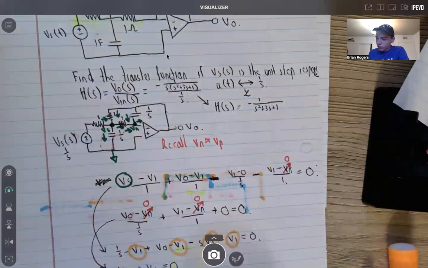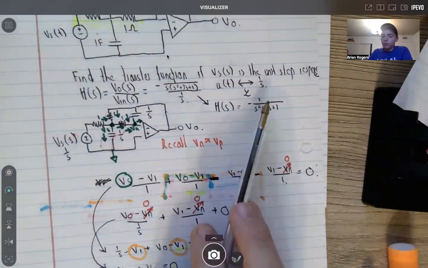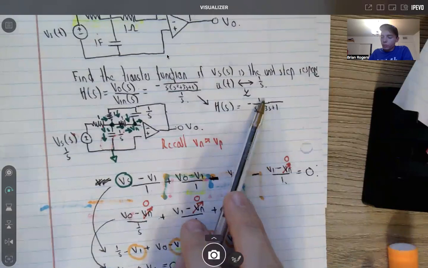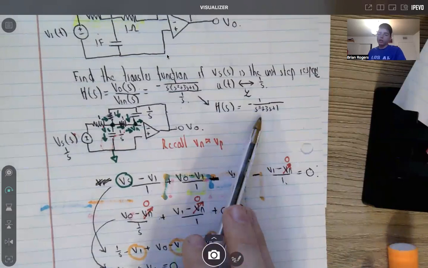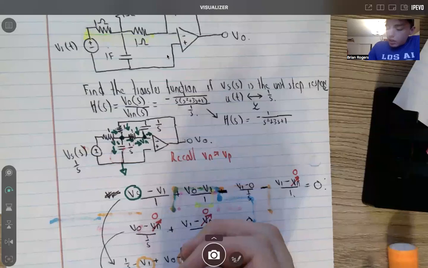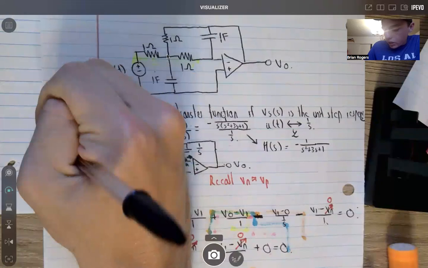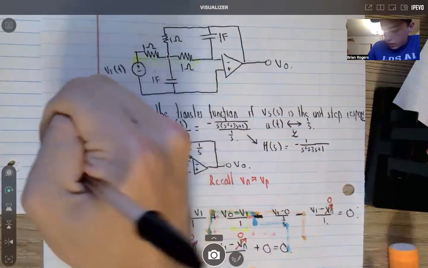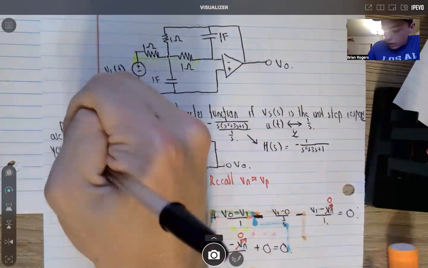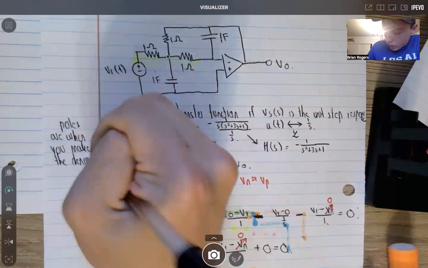Our pole zero locations, if you were to find them, we would say that there are no zeros, but there are poles if you were to find the roots of the denominator. Because remember, when you find poles, I'm going to make a side note here. Poles are when you make the denominator equal 0.